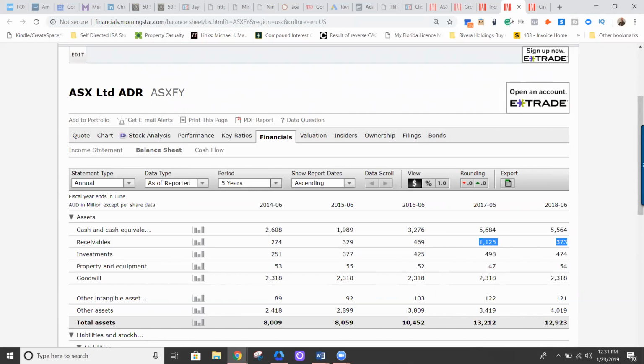So there was a year-to-year change from 2017 to 2018, and you always do it from this year to this year, or this year to this year. Does that make sense?